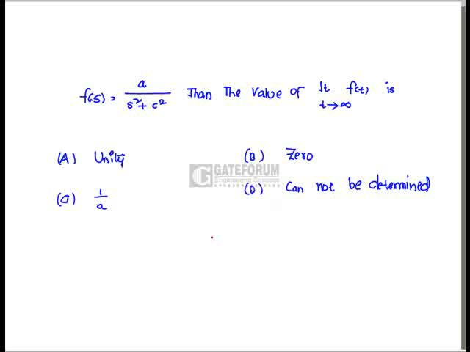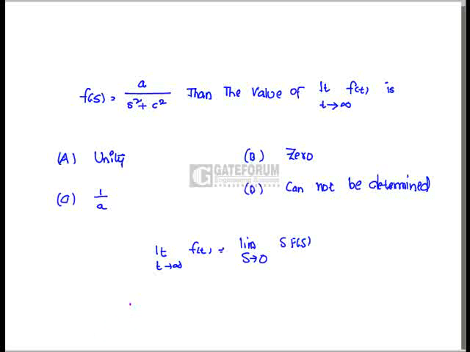In the above problem, we have to find the steady state value of the given expression. That means from the final value theorem, limit t tends to infinity f of t is equal to limit s tends to 0 of s times F of s. But the problem with the final value theorem is that it is applicable only to stable systems.